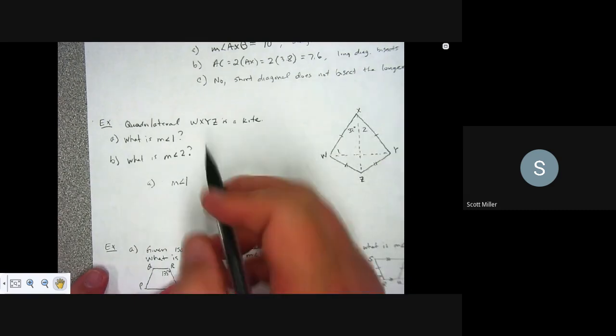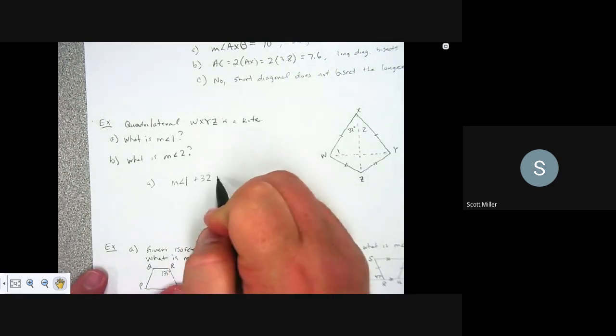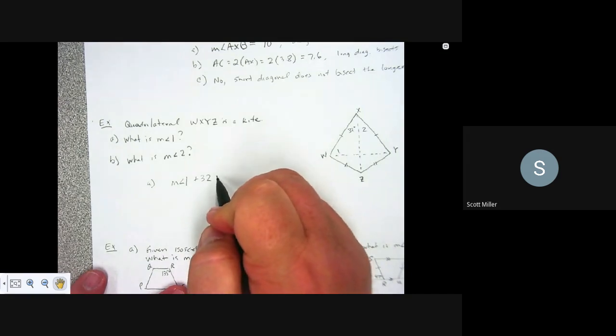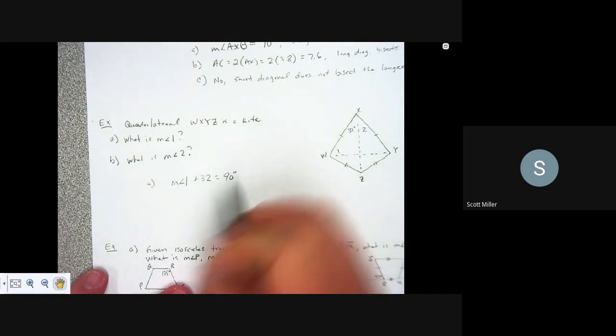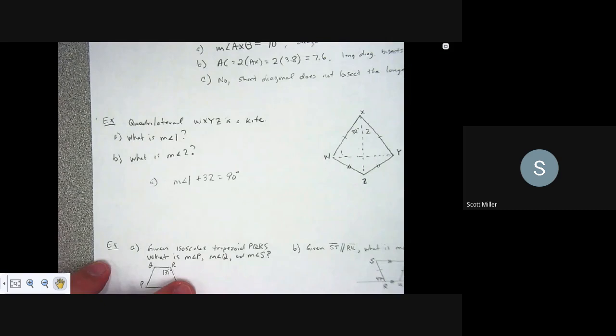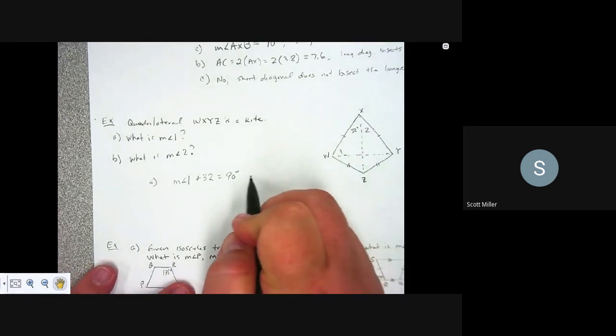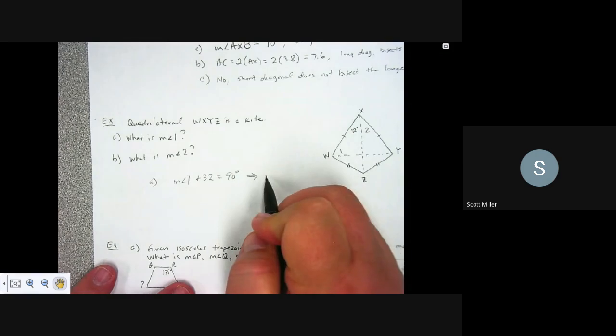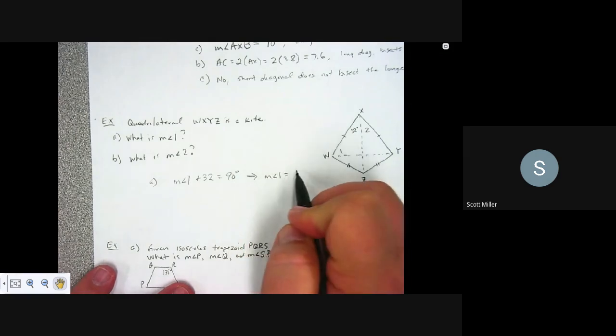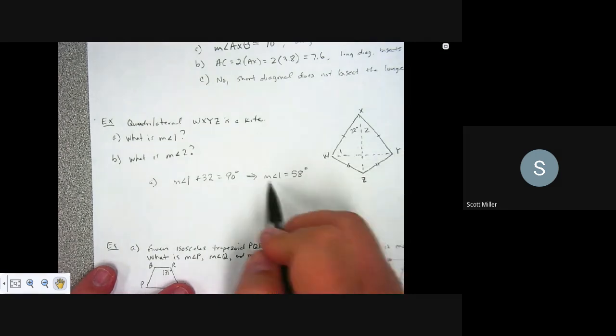So I know that that angle plus 32 plus 90 equals 180, or that this equals 90 degrees. Okay? And so that means then that the measure of angle 1 must be 58 degrees.